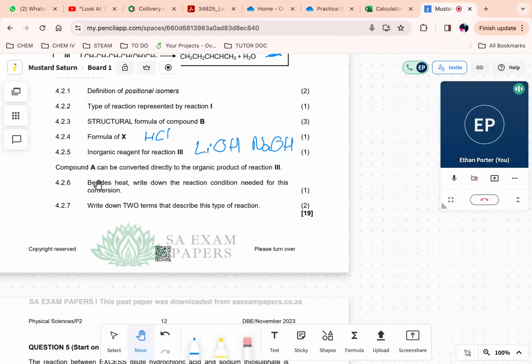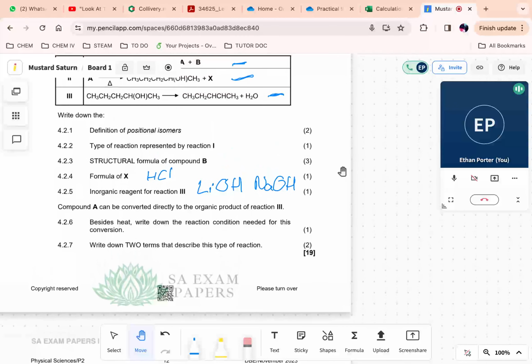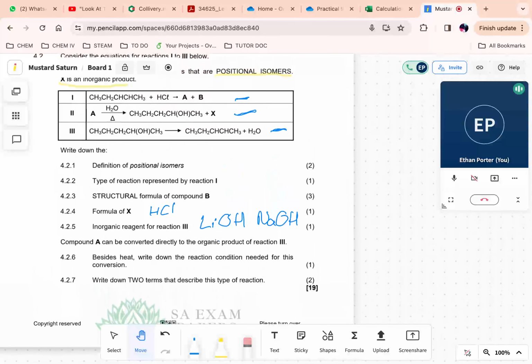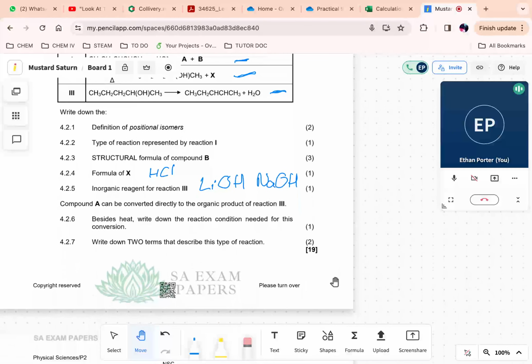All right, moving on to 4.26. Compound A can be converted directly to the organic product of reaction 3. So compound A, which is our haloalkane with chlorine, can be converted directly back to an alkene. So besides heat, write down the reaction conditions needed to do this.